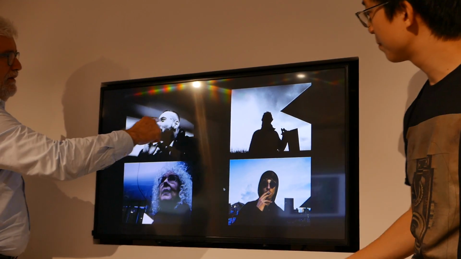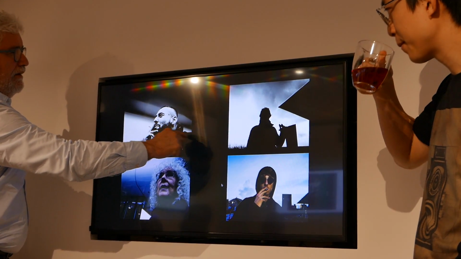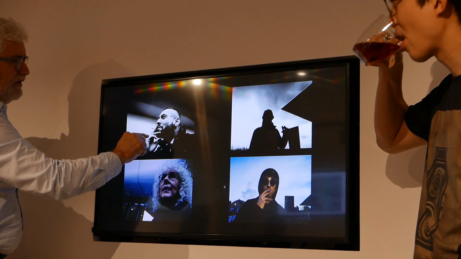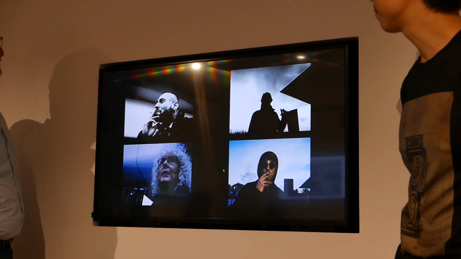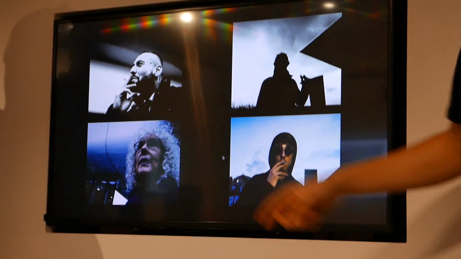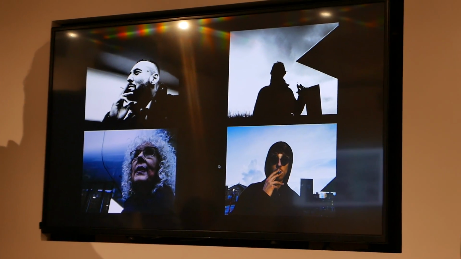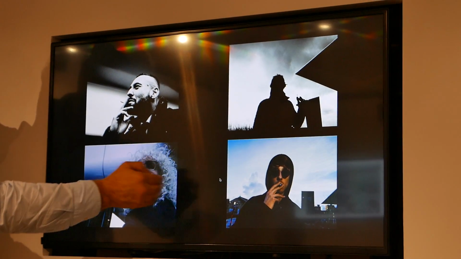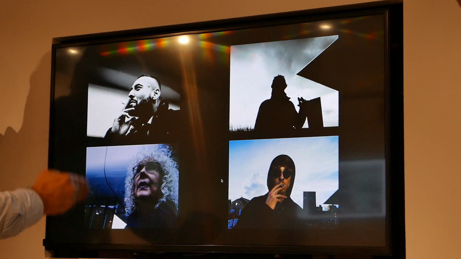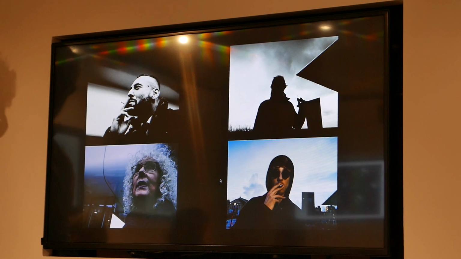Here. And the silhouette, of course, with the cigarette in the hand. In this diagonal. How about here? First of all, the hair, and this line. Of course, this.